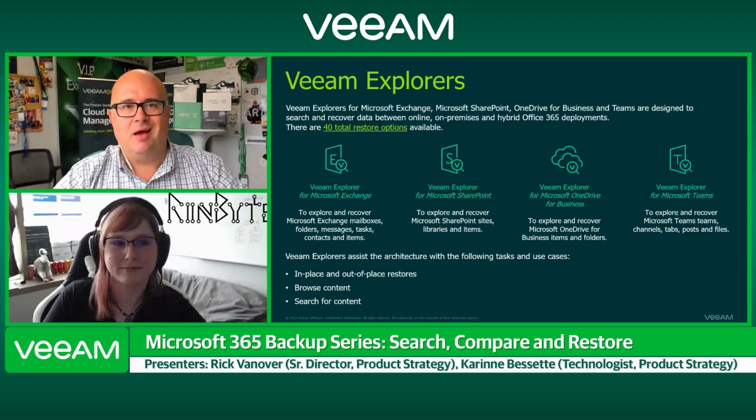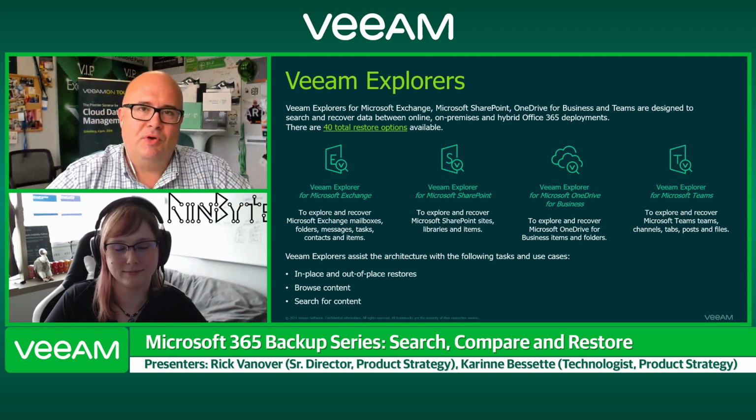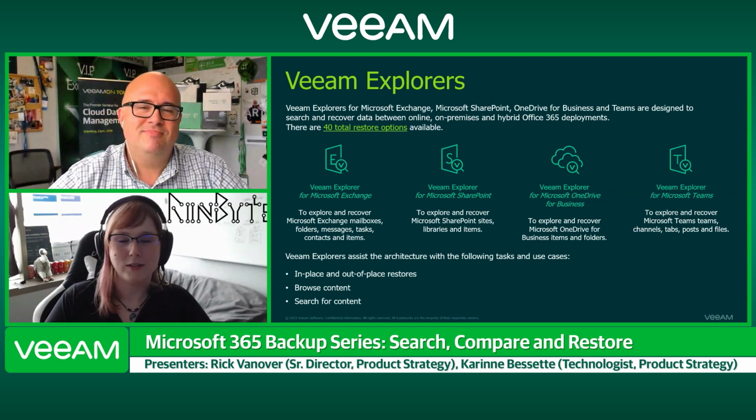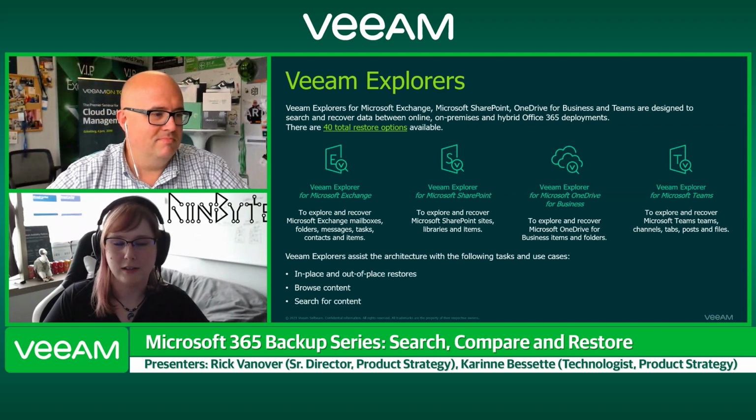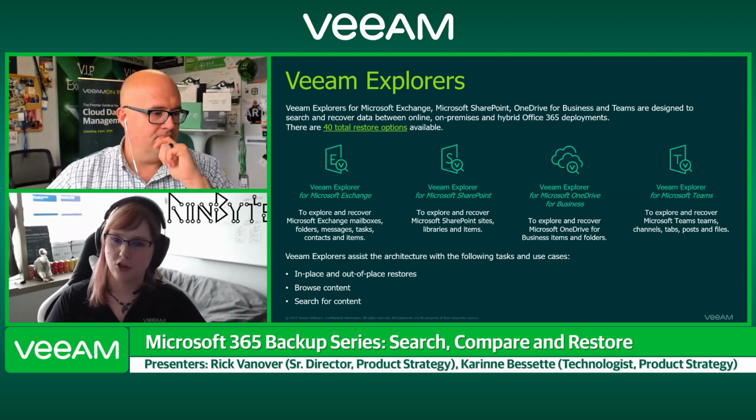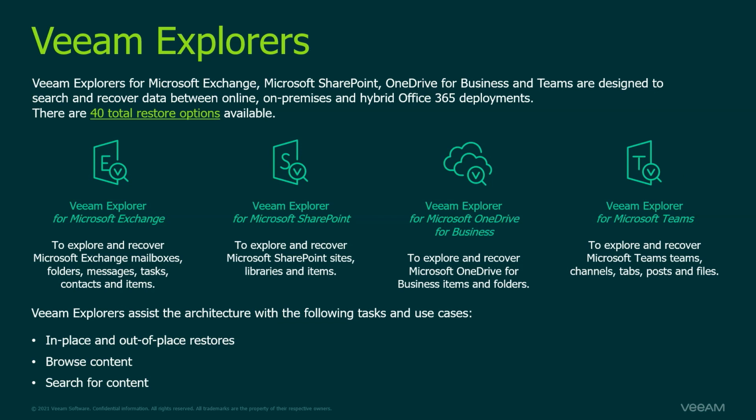So tell us about those 4 Explorers, Karinne, before we get in that search and compare and recover conversation. So each Explorer is meant for the application that you're restoring that data for. So to put it in simple terms, if you're working with the Exchange Explorer, yes, you can restore data back to your original environment. But when you're working with any type of export option, you're actually exporting as an MSG file or a PST file, which are the types of formats that you expect to get when you're working with Exchange.